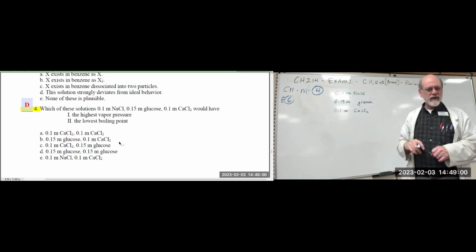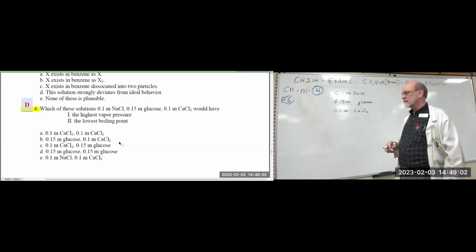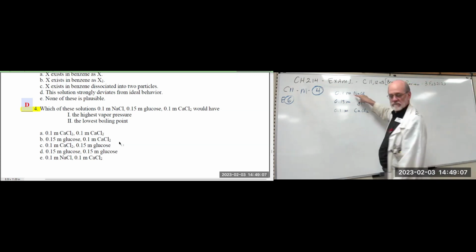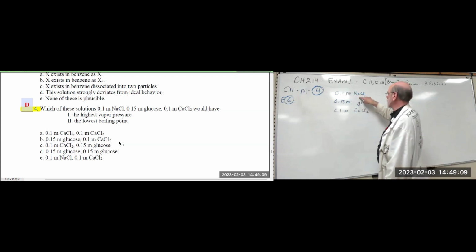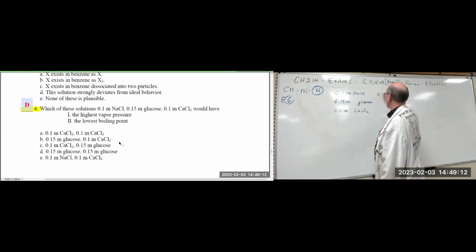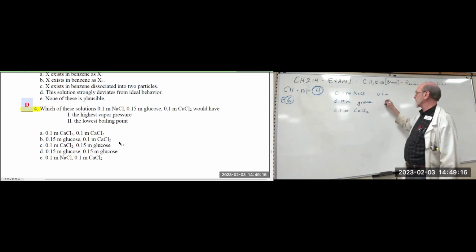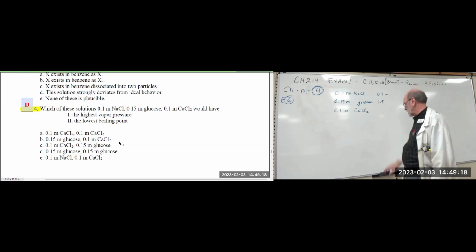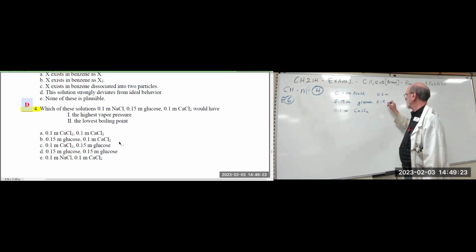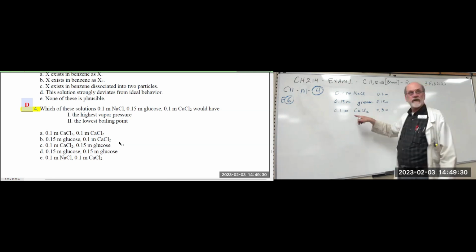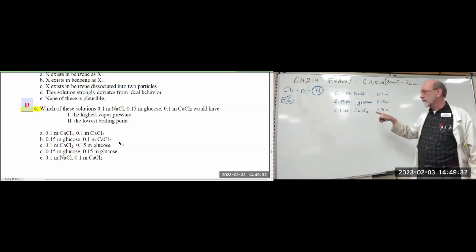Okay, which one would have the highest vapor pressure? Well, this one, once we put it in solution, is going to be equivalent to 0.2 molal because you've got 2 ions here. But this one's going to stay the same. Glucose does not dissociate. And calcium chloride would be 0.3 molal because it has 1, 2, 3 ions when it breaks apart.